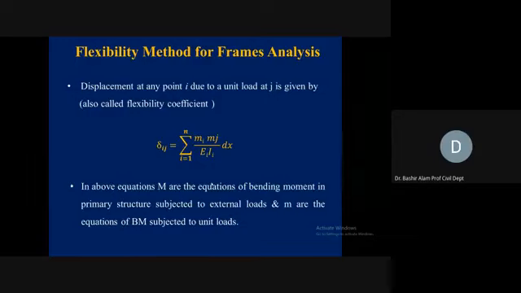So it will be the product of the small m's now, and m is coming from the application of the unit loads now, not the real loads. In the above equation, M are the equations of bending moment in primary structures subjected to external loads, and small m are the equations of bending moment subjected to unit loads. So here you can see the definition of the m's.